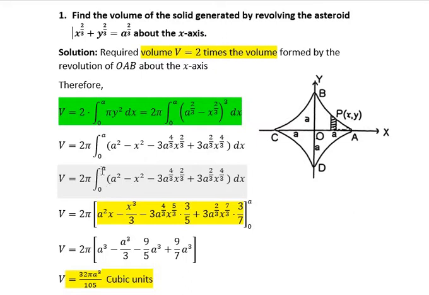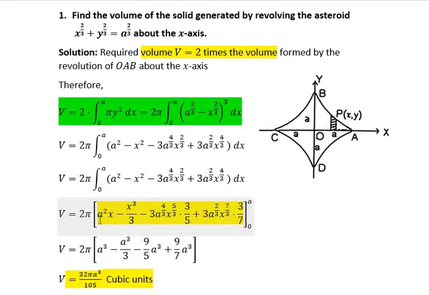So, limits of integration are 0 to a. Now, let us substitute the upper limit, because the lower limit is 0, so it will vanish. Not necessary to apply the lower limit. Hence, when we apply the upper limit, a square into x means a square into a in the place of x.